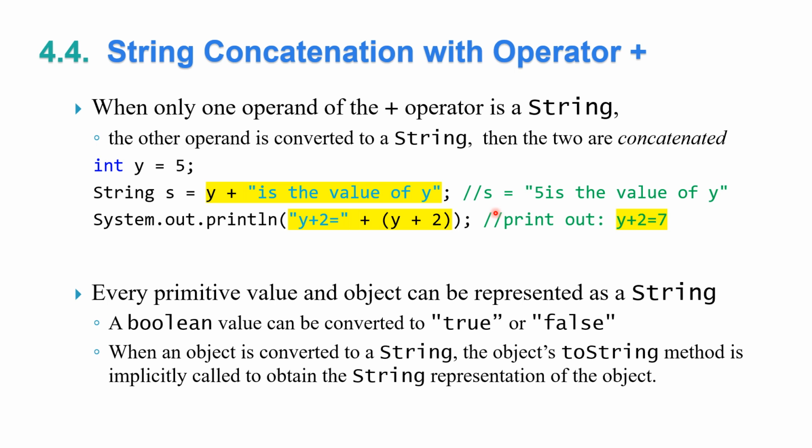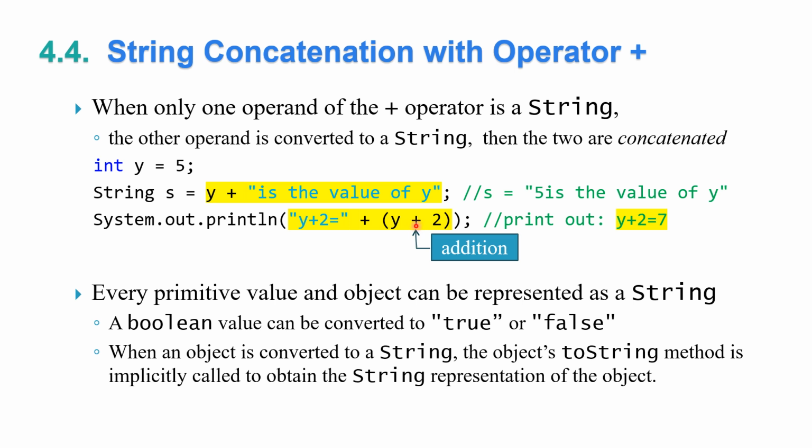As another example, consider this expression in the argument of the println method. This expression has two plus operators, but the plus operator between y and 2 in parentheses is the regular addition, not string concatenation, because both operands of this plus operator are integers.